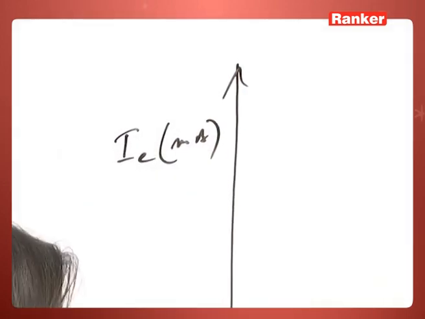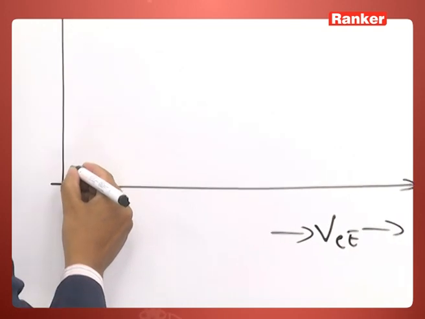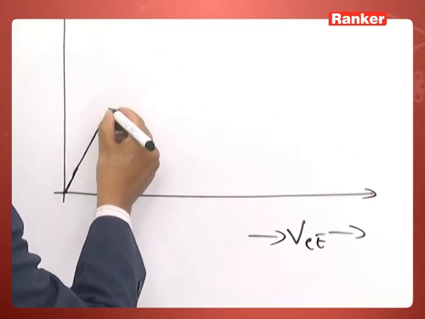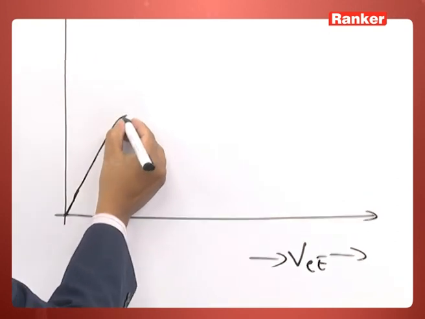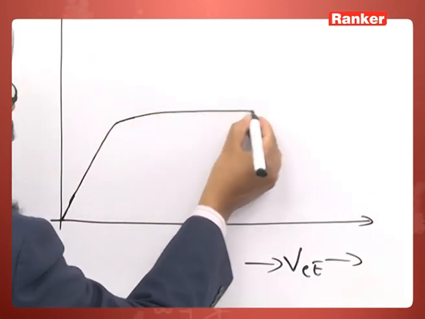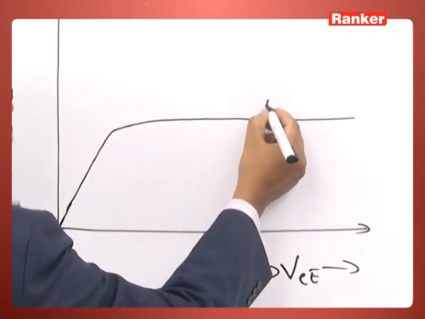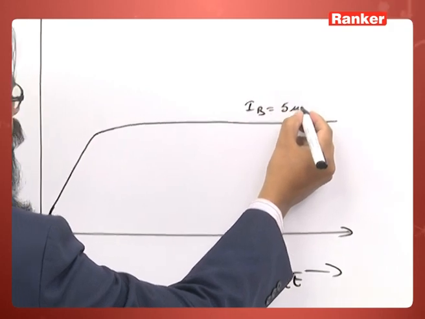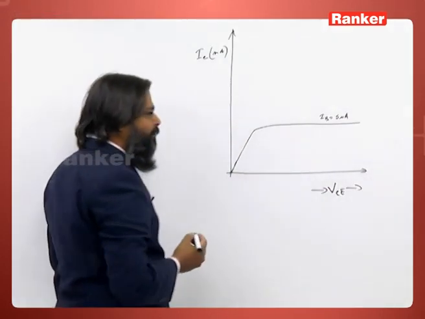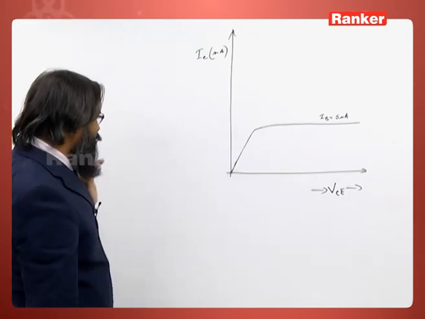What we observe is that as we increase VCE keeping IB constant, initially the current IC grows linearly, and then it becomes nearly constant. This is for a particular value of IB, suppose 5 microamps.